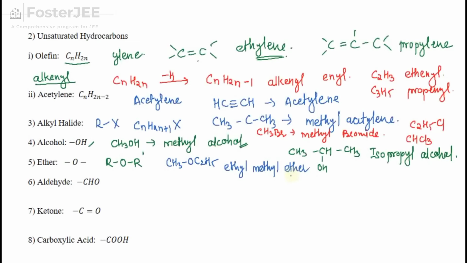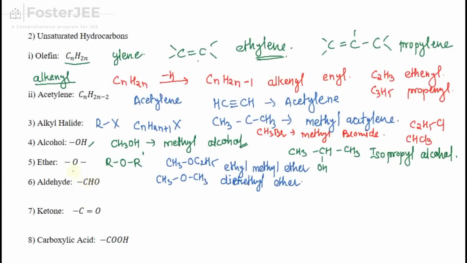The suffix used in ether is ether. If the compounds are similar, for example, CH3 is bonded with OCH3, so the name of the compound is dimethyl ether. Now, moving on, the next is aldehyde group. So here, these are named after the names of acid which they are produced on the oxidation, and the ic is replaced by aldehyde.